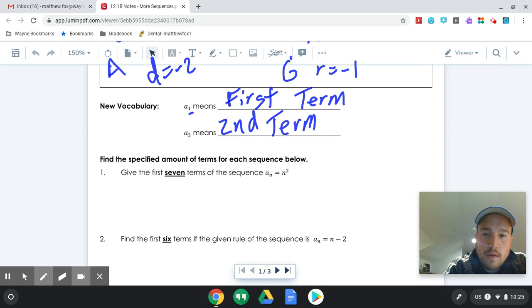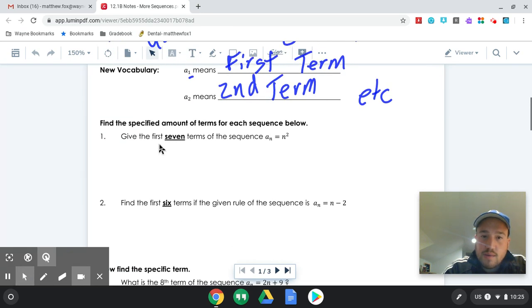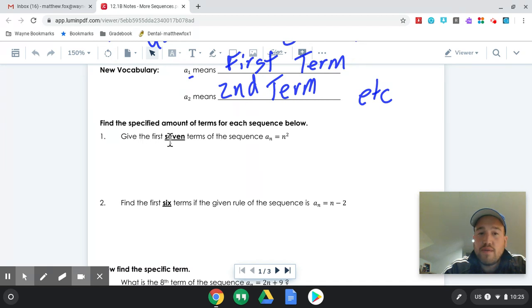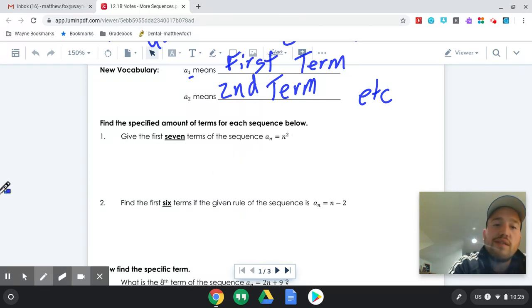And I'm just going to put etc. over here because A3, A4, A5, this can continue on and on and on. Okay, so down here it says find the specified amount of terms for each sequence below. Given the first 7 terms of the sequence a sub n equals n squared.